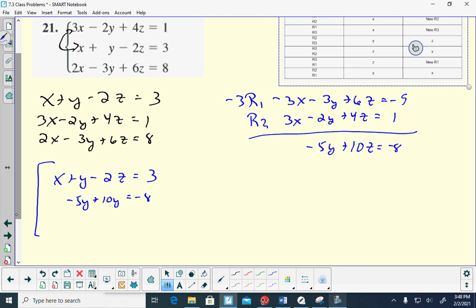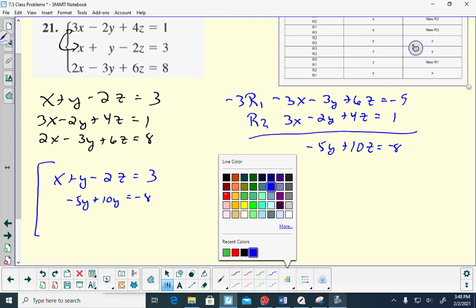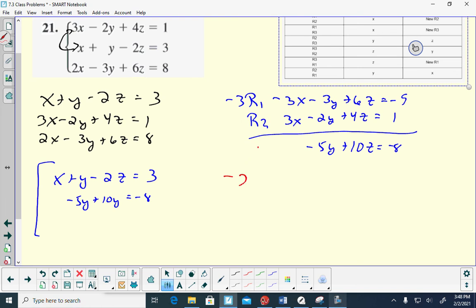So I'm going to multiply row 1 by a negative 2. Negative 2 times row 1. So it'll be negative 2x minus 2y plus 4z is equal to negative 6. Now I'm going to add it to row 3 to eliminate the x. Remember, I want the x's to go in every equation except for the first one.